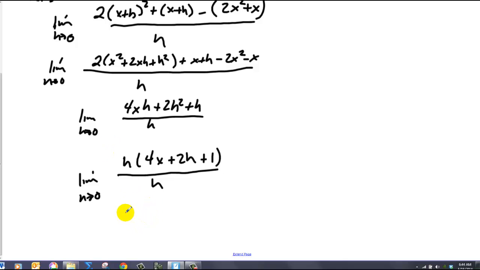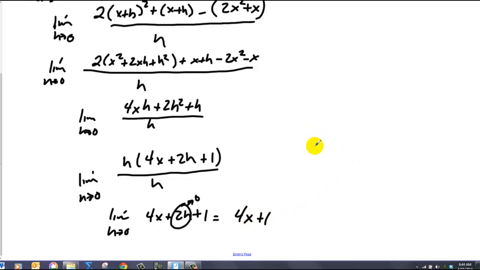The h reduces, so I have the limit as h goes to 0 of 4x plus 2h plus 1, which is equal to, this 2h is going to go to 0, end up with 4x plus 1.